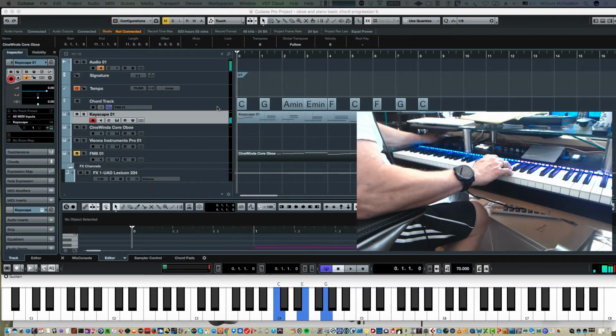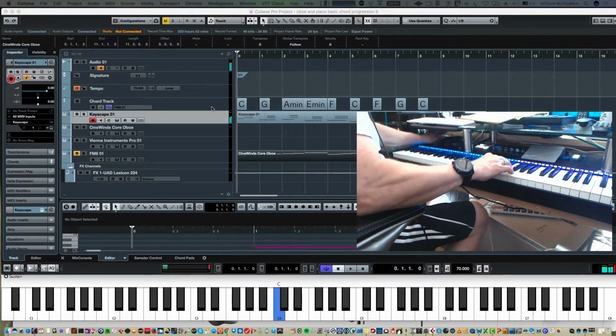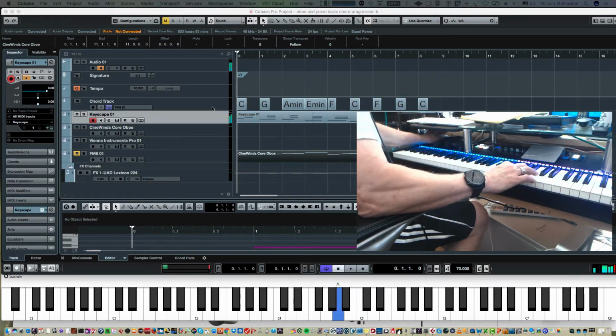Now, within that chord, the first note of the chord in this position is the 1, then we have the 3, then we have the 5. So, starting with C, I can think of this as 1, 2, 3, 4, 5, 6, 7, 8.